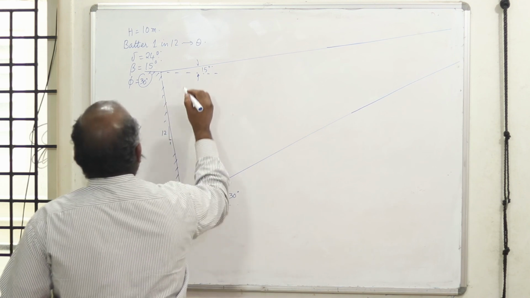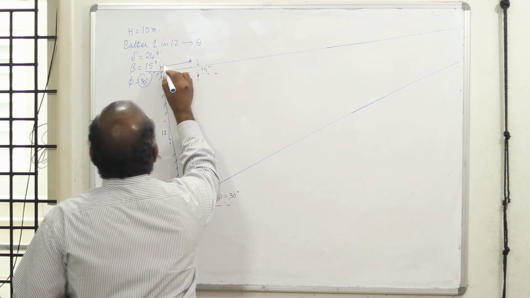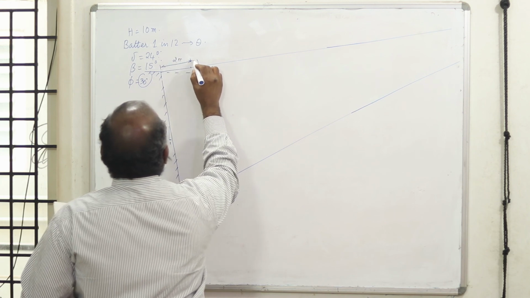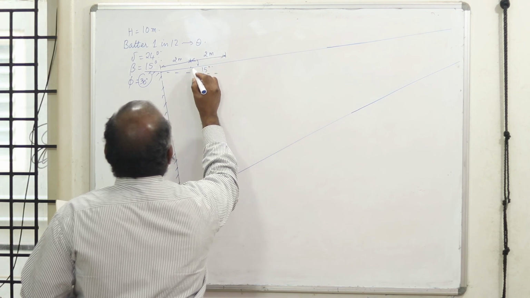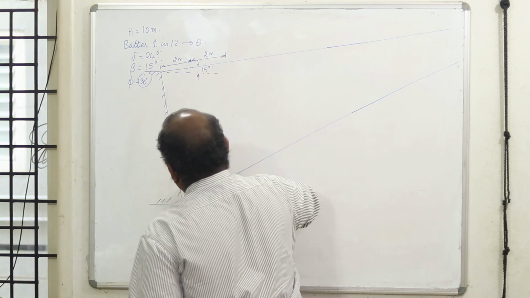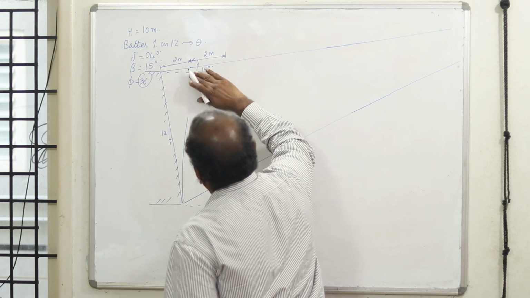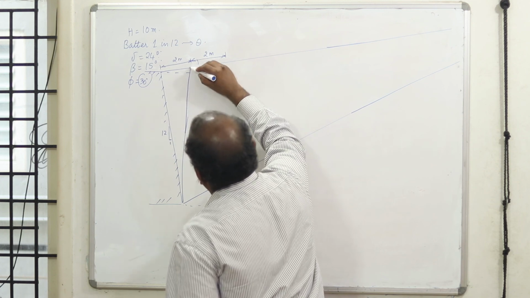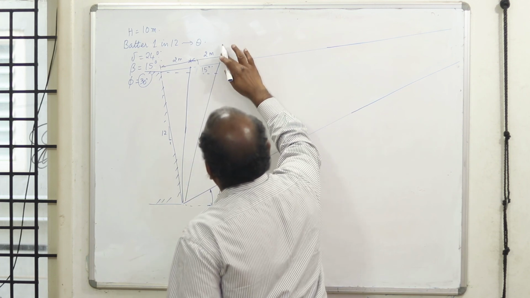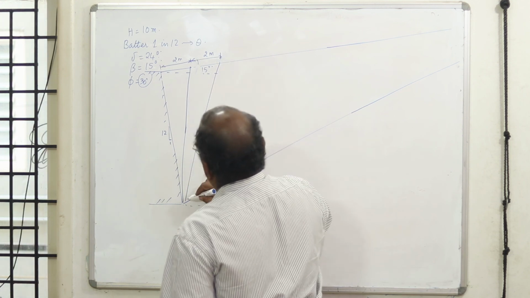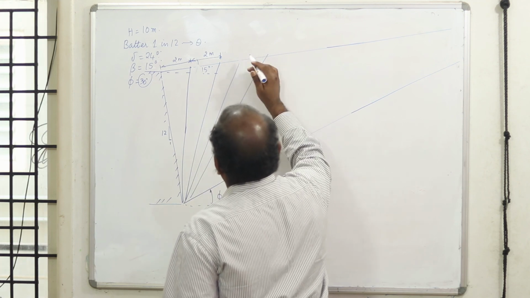What I have done is I have taken points at every 2 meters to scale. I have taken 2 meters very conveniently. If I take equidistant lines and find out the weight of the first wedge, then the subsequent wedges become easy for you.